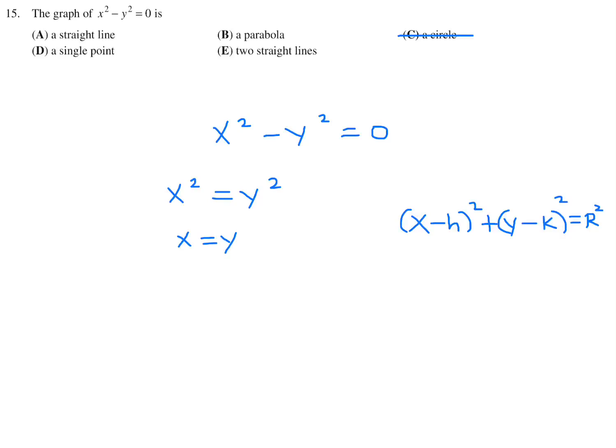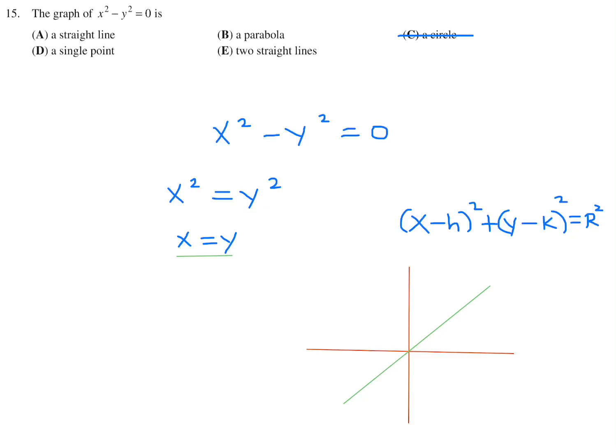So if you've got a coordinate plane like this, x is equal to y, I'm sure you know, is basically a straight line like that. So you might be tempted to choose A, but just think about it for another 5 to 10 seconds. Sure, we got x equal to y when we took the square root of both sides there.